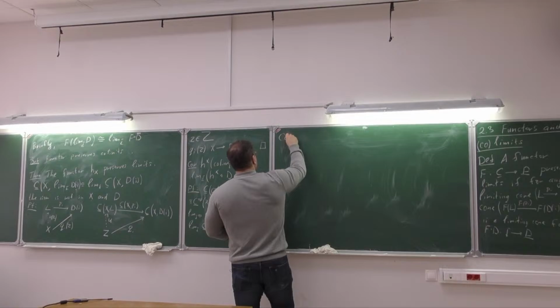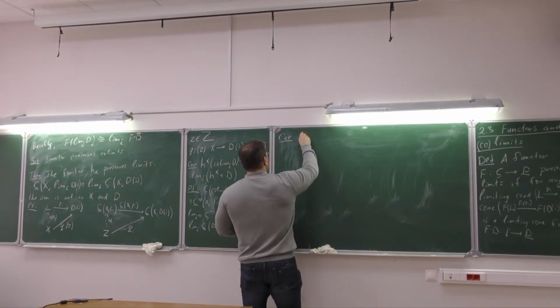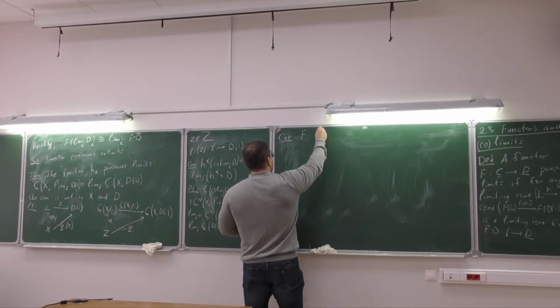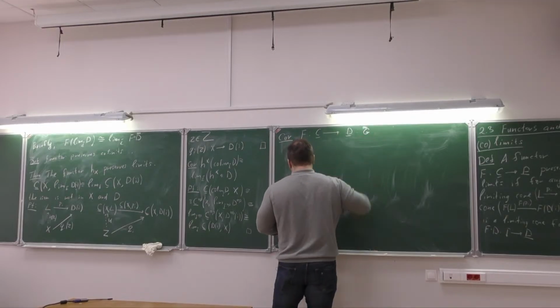So here is another corollary from this very simple theorem. Suppose now we have the situation of two adjoint functors. I have a functor F from category C to the category D, and a functor G going in the other direction.